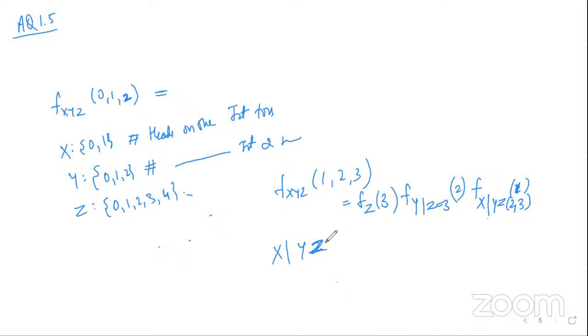That's why I'm looking at f of Z at 3. The probability of getting 3 heads in 4 trials is 4C3 times 1 by 2 to the power 4, which is 4 by 16.